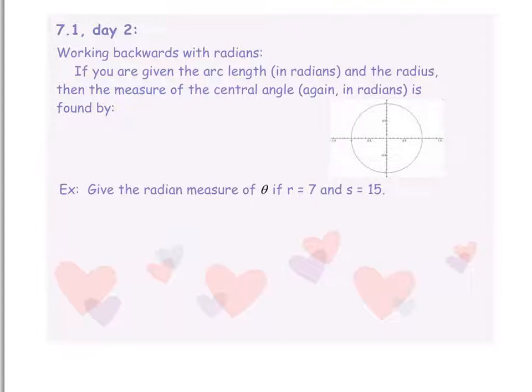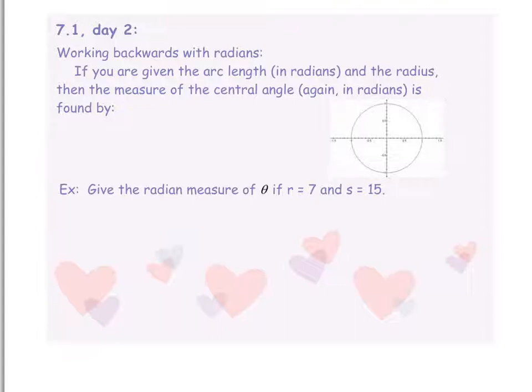Now, I want to come back to the definition of a radian to just be clear on that. It's just an alternate unit of measure to measure angles.